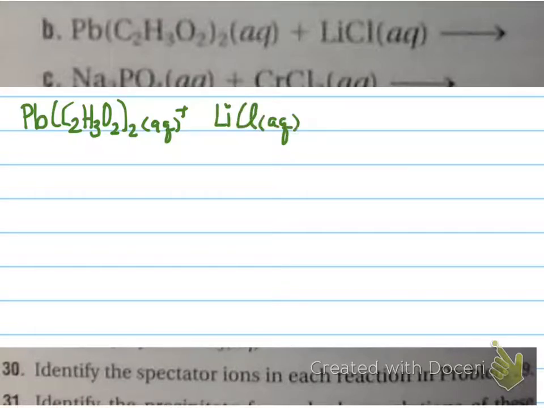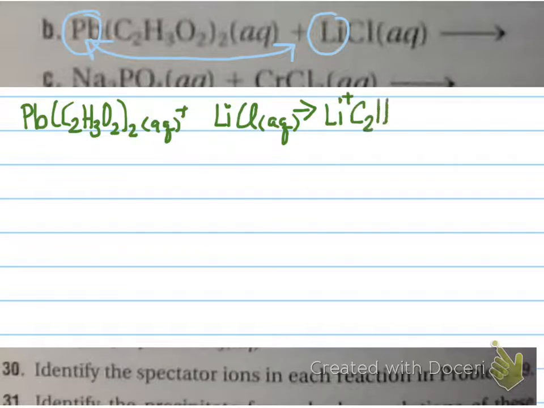Now again, who's alike? Lead and lithium are my positively charged ions, so they're going to swap partners. So my products are going to be lithium, which has a charge of +1, with the acetate, which has a charge of -1. And again, that's on your helper sheet.